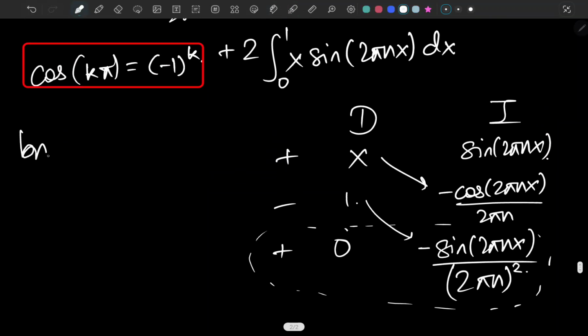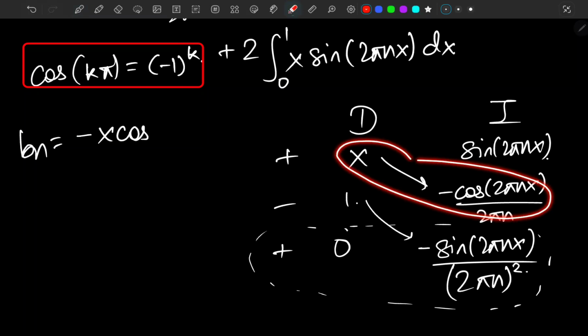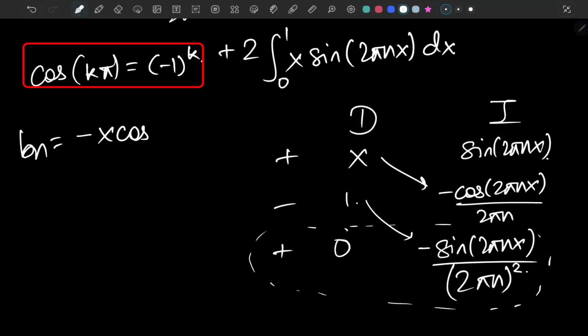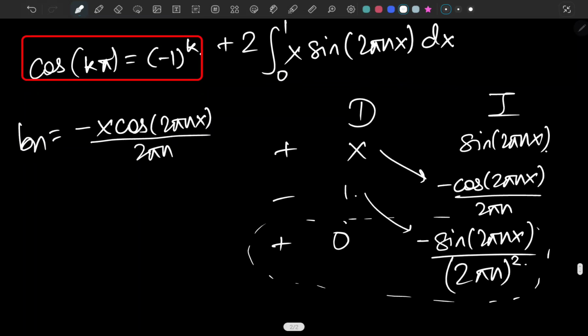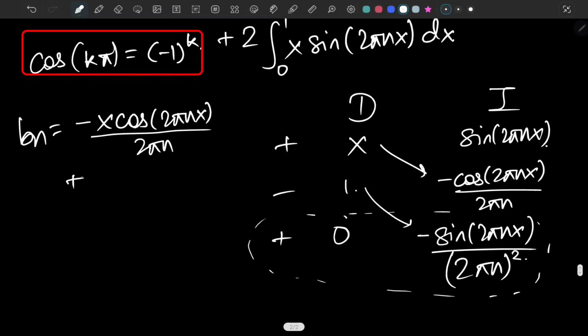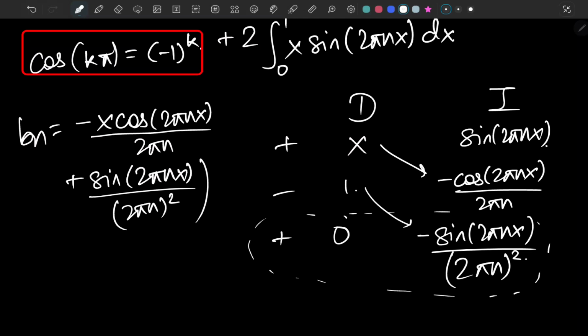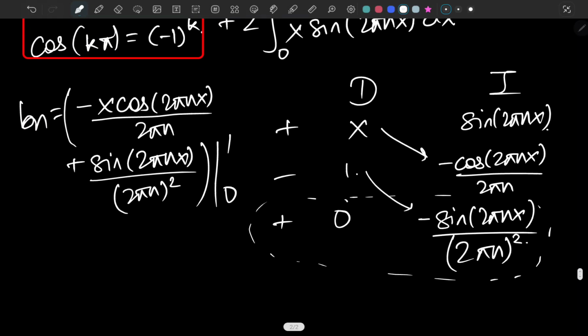So basically your b sub n is coming out to be negative x cosine of 2 pi nx over 2 pi n, and we have plus sine of 2 pi nx over 2 pi n whole squared, and evaluated from 0 to 1, right?